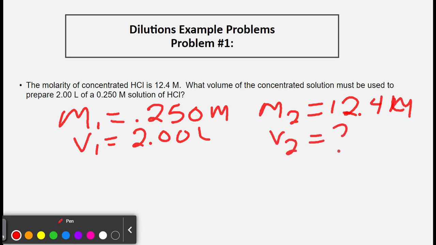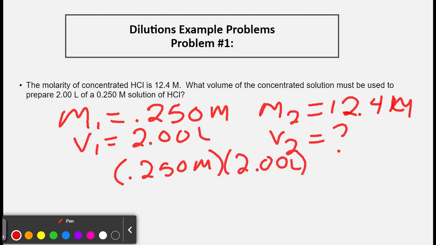All right, so I'm going to go ahead and take what I have, and we have 0.250 molar. The volume I'm given is 2 liters. Then I have a concentrated solution of 12.4, and I'm looking for V2.